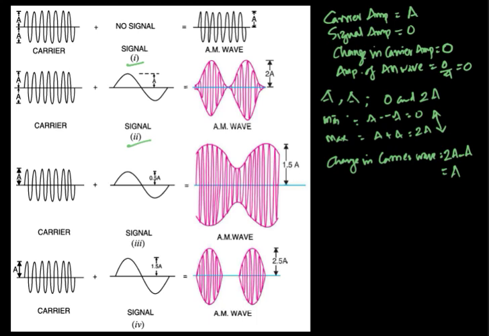So the modulation factor m is equal to the change in the carrier wave amplitude, that is A, divided by the amplitude of the carrier, which is A, equal to 1.